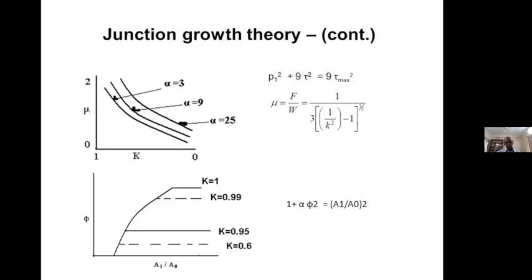Before sliding occurs, it is not to be confused with the static and the dynamic friction. It is the small displacement that occurs at the contact before sliding occurs, and the force is insufficient to cause sliding. Then the contact grows, and this is what is called junction growth.